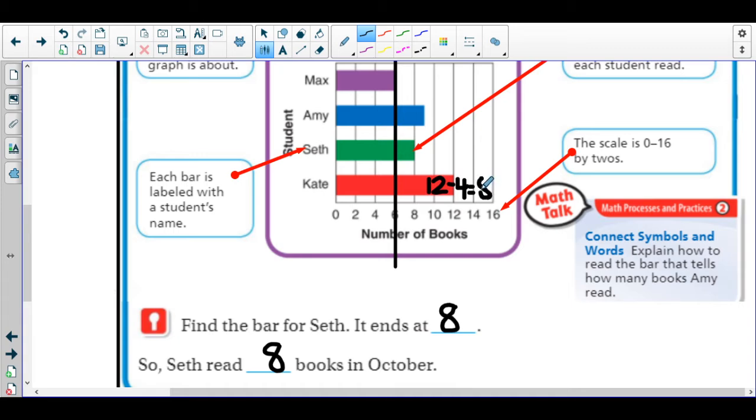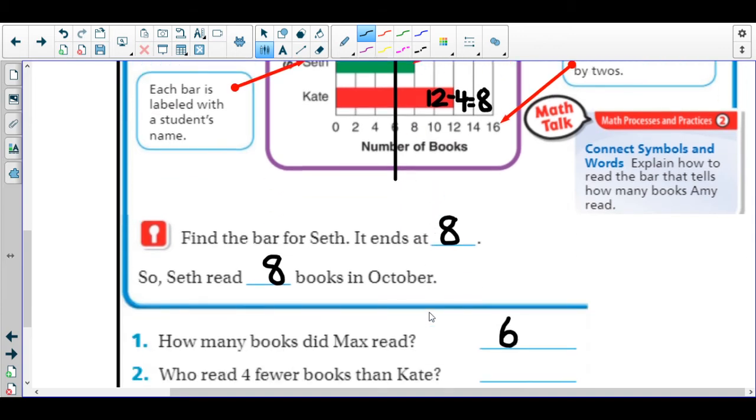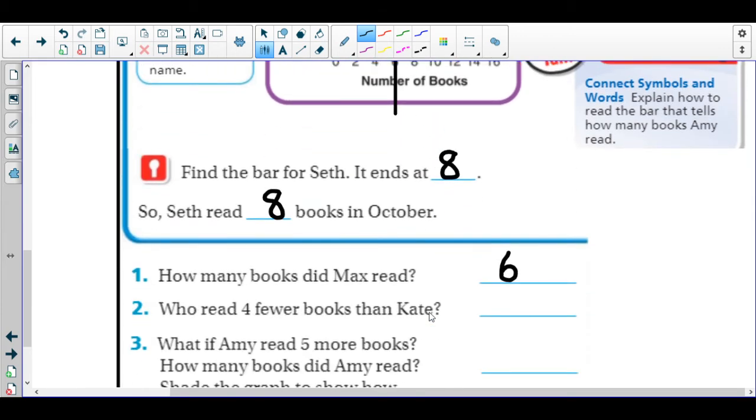So we're looking for the person that had 8 books. So here's that right there. Not Kate. It's Seth right there. It's not Amy. Amy went over that. And it's not Max. Max is not to that 8. Okay? So who read 4 fewer books? That is going to be our friend Seth.